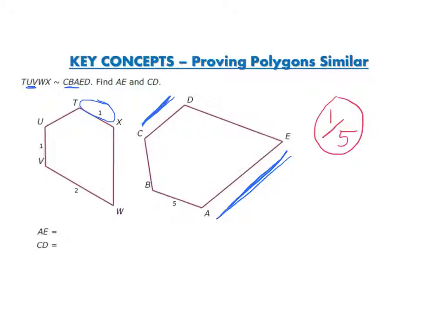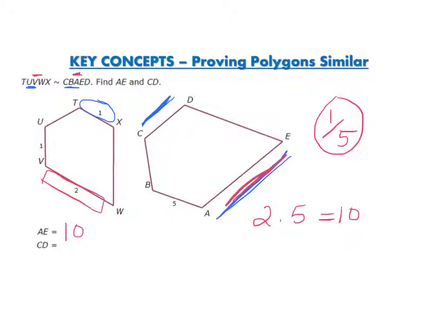So I'm looking for AE. AE is the next to the last two letters. It matches up with VW. It's 2. Okay, I said the big one is 5 times bigger. So I'm going to take 2 times 5 and that equals 10. So AE equals 10.